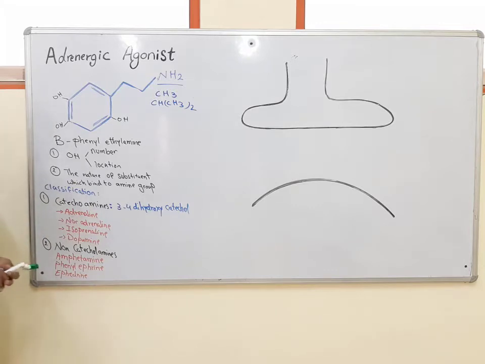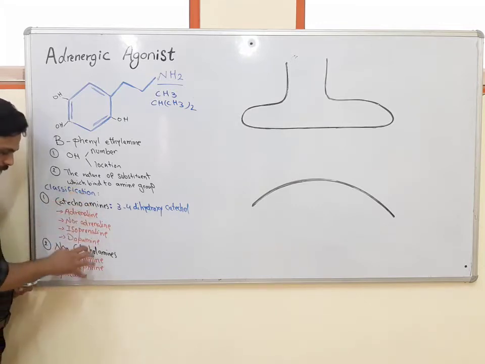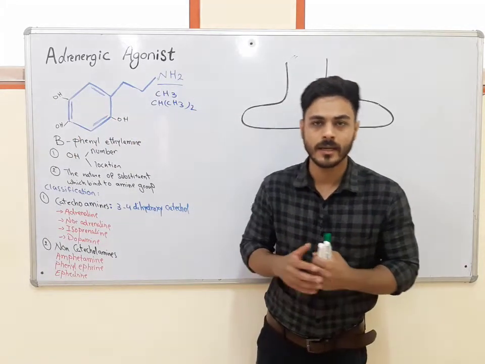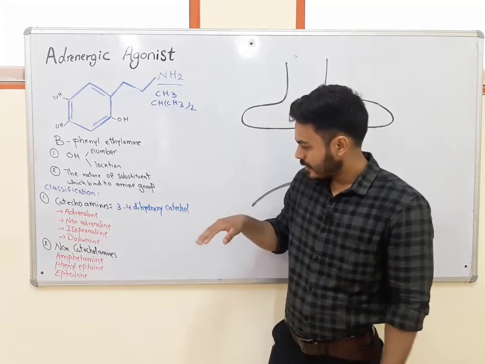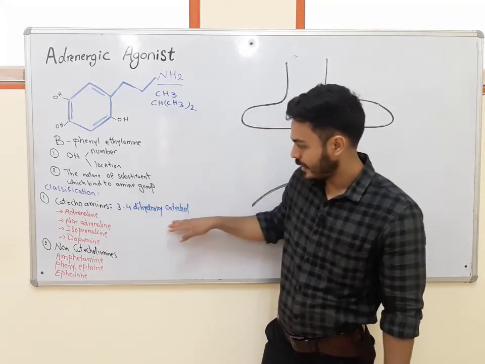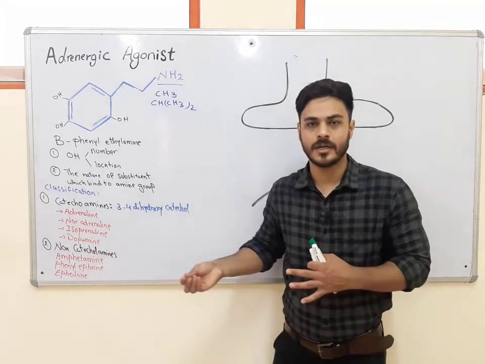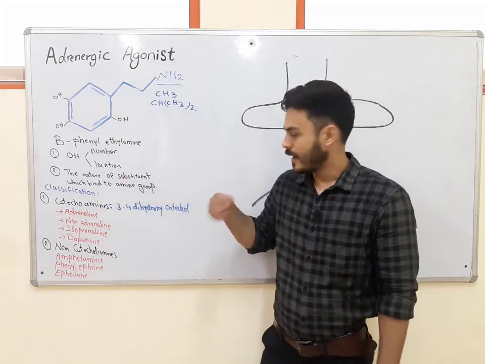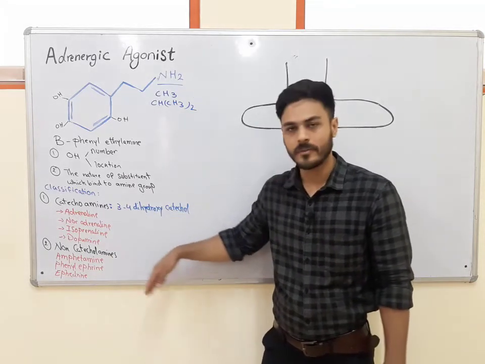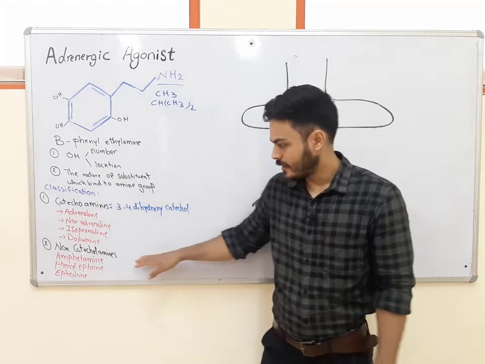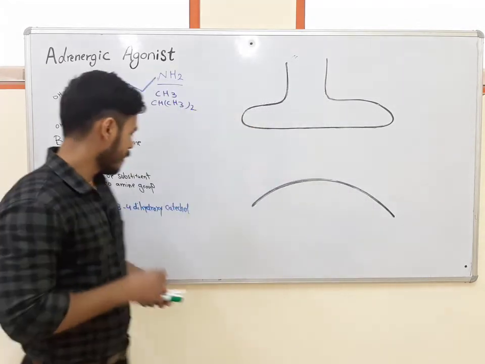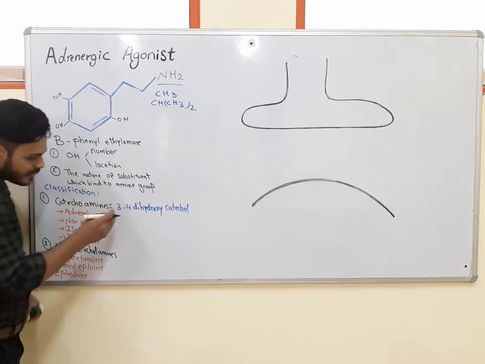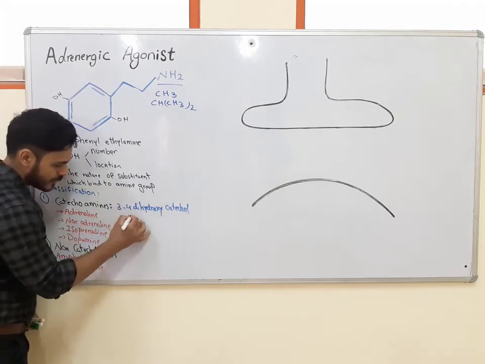So, what are the characteristics of these drugs? Why are we classifying drugs into catecholamines and non-catecholamines? If this structure is in their chemical structure, what characteristics does it give to catecholamines? And if this structure is not present in non-catecholamines, what characteristics do they have? Because catecholamines have this structure, they are more potent.